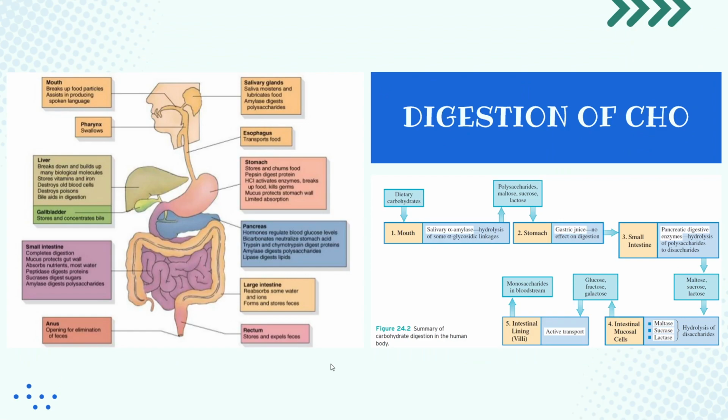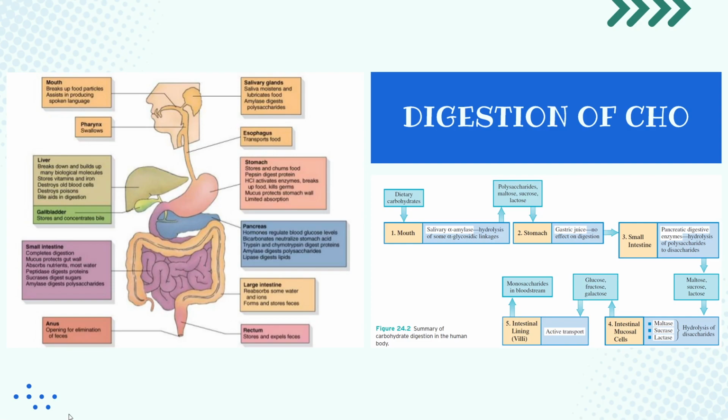So now let us discuss how digestion of your carbohydrates exactly happens. Of course, let me point out that all of the organs in our body will really have a role in the digestion of the food that we eat. Even your liver, even your pancreas, even your salivary glands or your pharynx, all of them have roles and will help in your digestion.